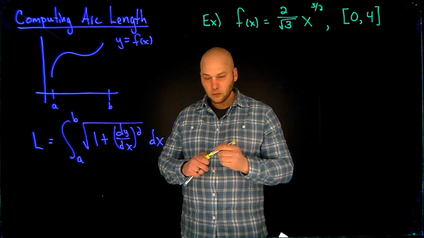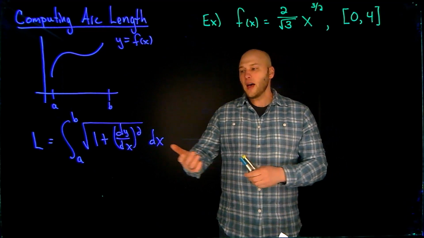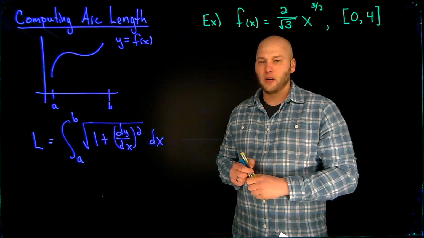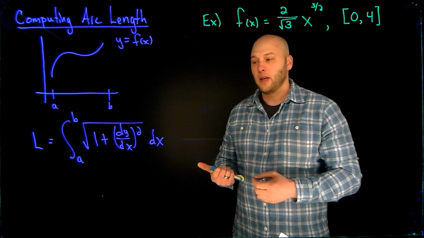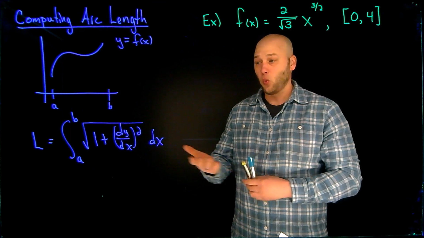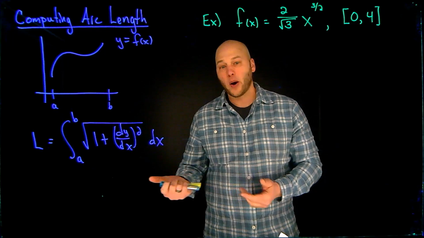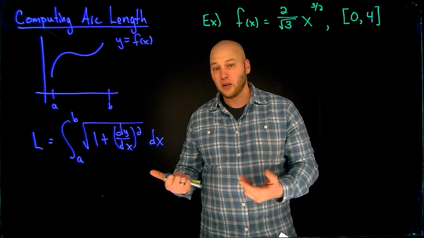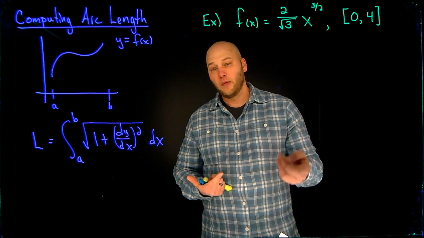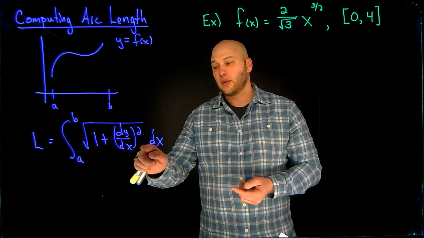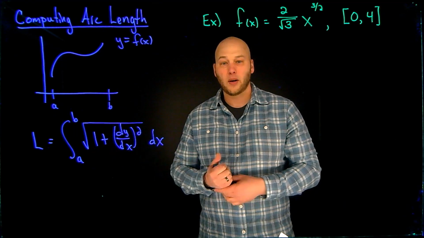Now, first and foremost, before I get into the example, notice that we have to pick some very specific examples of functions that are actually going to work with this formula. If I pick something as simplistic as x squared, the derivative would be 2x, and the square of the derivative would be 4x squared, so I'd have the square root of 1 plus 4x squared.